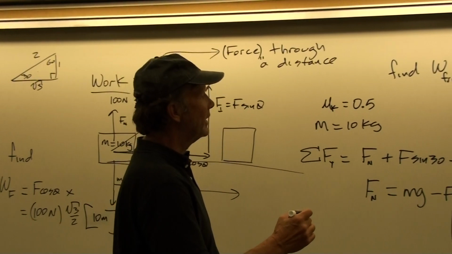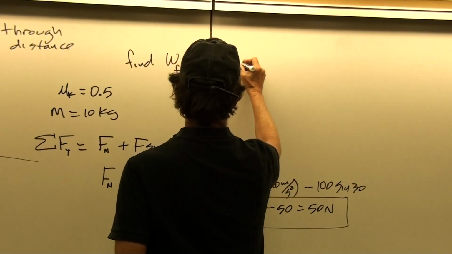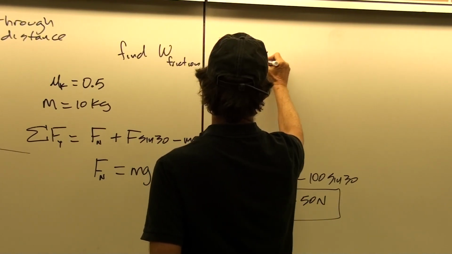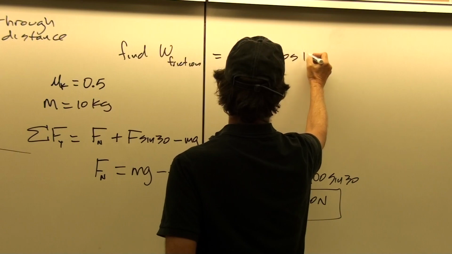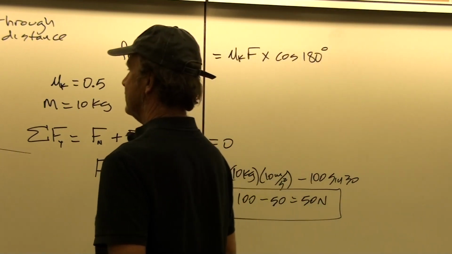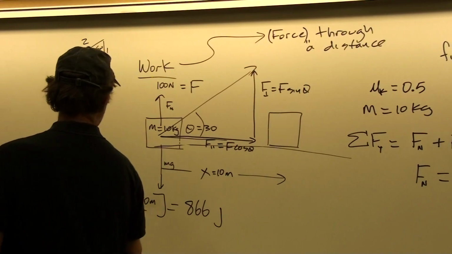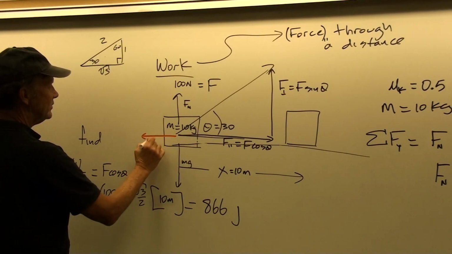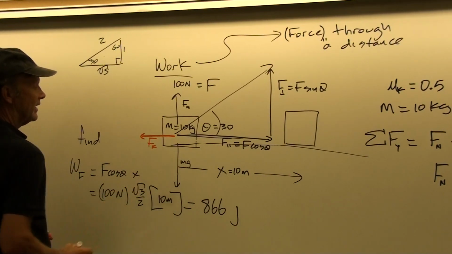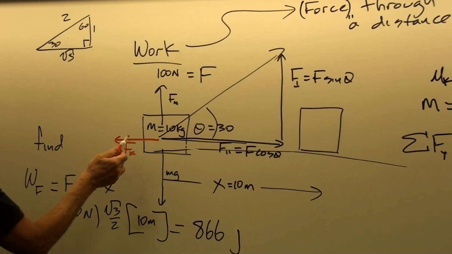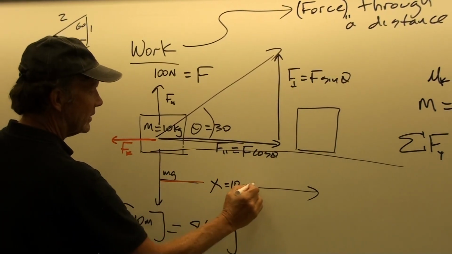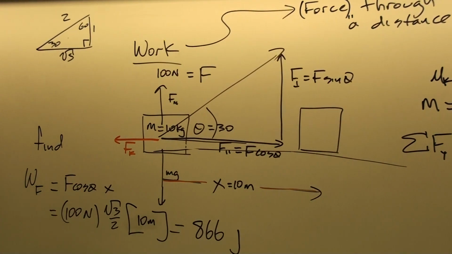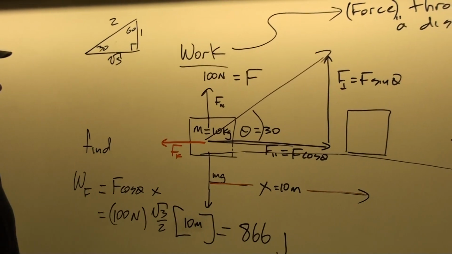So if we want the work done by friction, that's going to be equal to the force, which is the coefficient of kinetic friction times the normal force, times the displacement, times the cosine of 180 degrees. Why 180? Well, because the force of friction is acting in this direction, force of kinetic friction. And the direction of motion, though, is this direction. So clearly then the angle between the displacement vector and the friction force is 180 degrees.